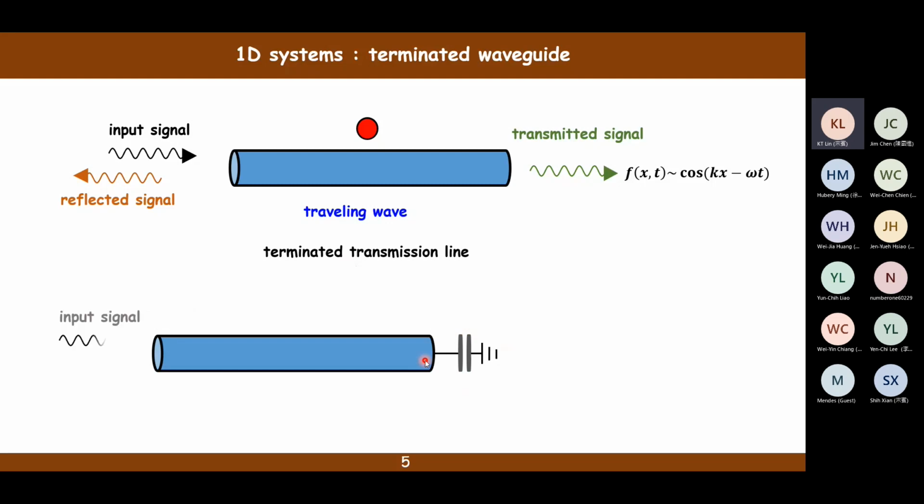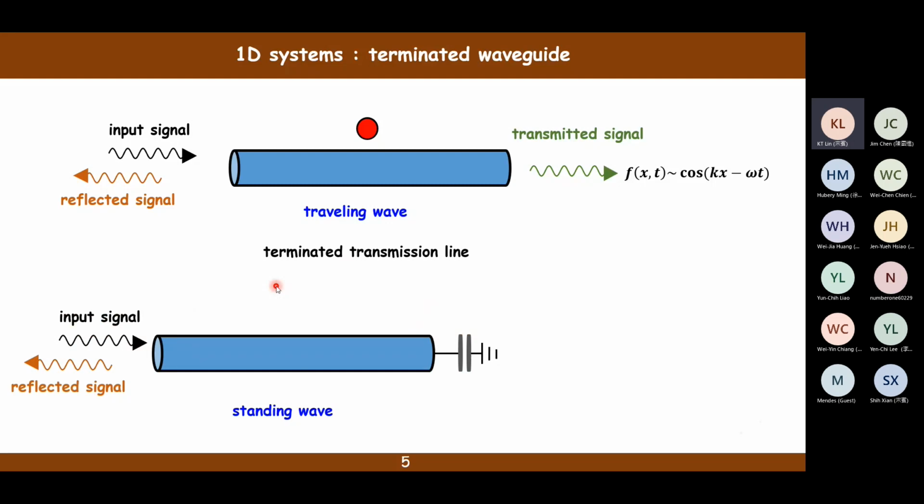Okay, so now if we have an input signal here, it will pass along this guide, and when it hits this terminated end, the mirror, it will reflect back, and then we can get the reflected signal. The input and the reflected signal can interfere with each other to form a standing wave.